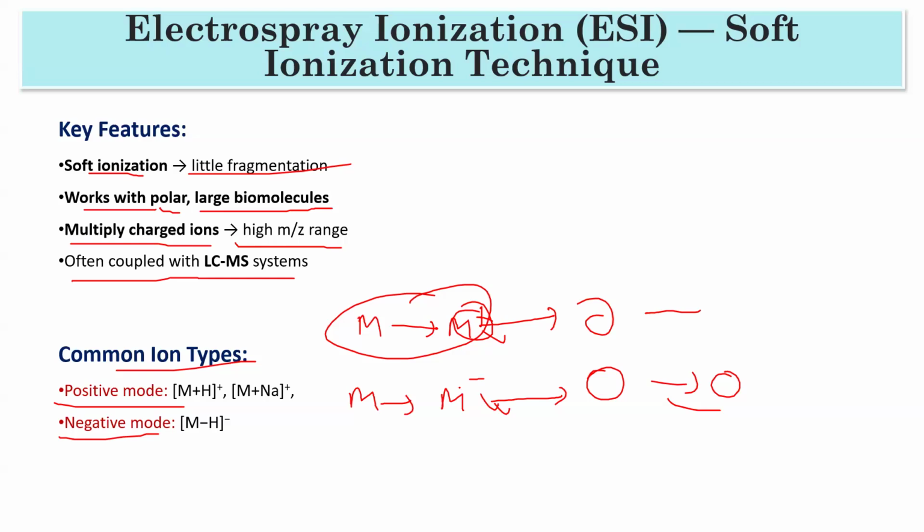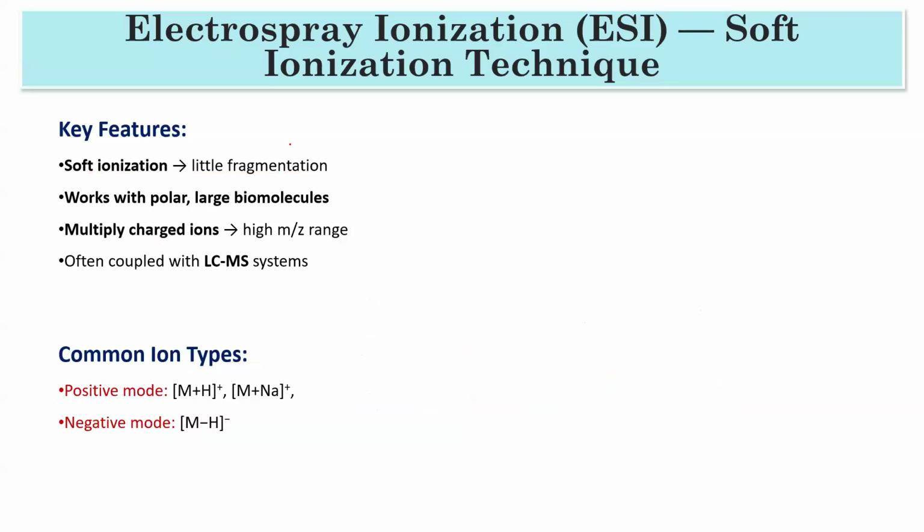If you don't get the molecular ion peak in positive mode, then you can go for negative mode also. And if you didn't get a molecular ion peak in your mass spectra, you can use another kind of mass spectrometer, like multi-top, fast atom bombardment mass spectrometry, or HRMS. So there are different varieties, right?